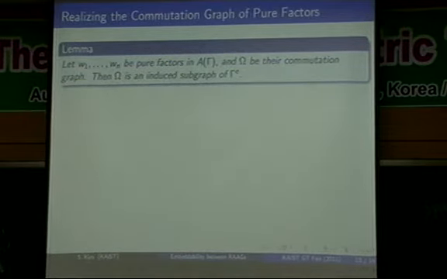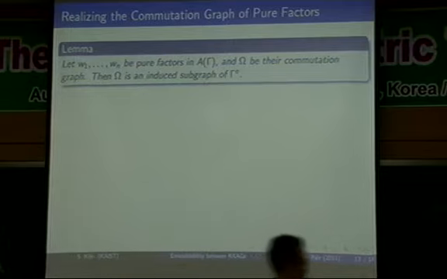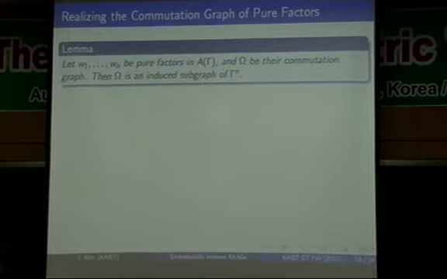So why is it true? Given a set of pure factors, a list of pure factors, consider their commutation graph, and we will show that omega will appear in the gamma extension. In other words, this is like a quiz.